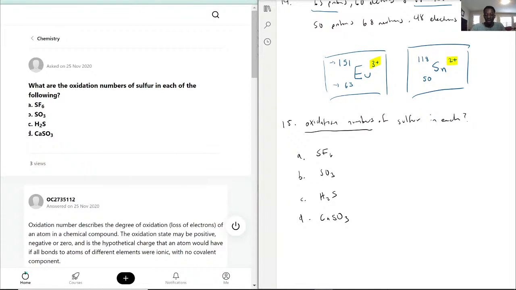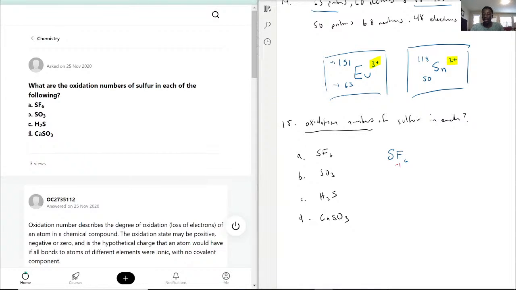Okay, so now for this, the way we find the oxidation numbers is that when we're working with each one, I'm going to write it here on the side, SF6. Halogens typically, and there are maybe a few exceptions here and there, have an oxidation number of -1.